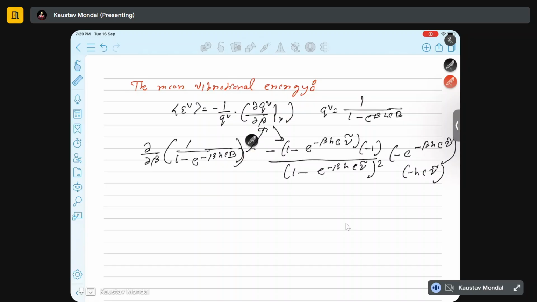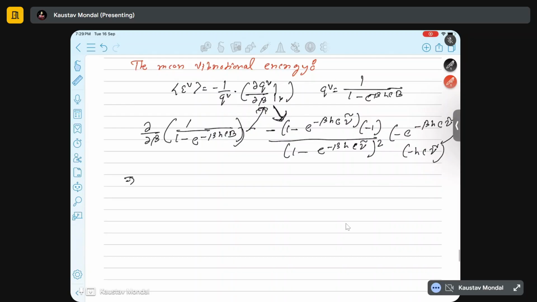After substituting this, you will get the average vibrational energy. If you cancel the common terms, EV takes the form hc nu tilde into e to the power beta hc nu tilde divided by 1 minus e to the power beta hc nu tilde.